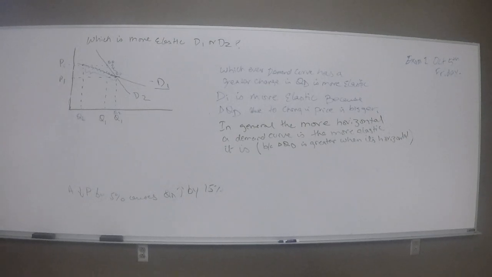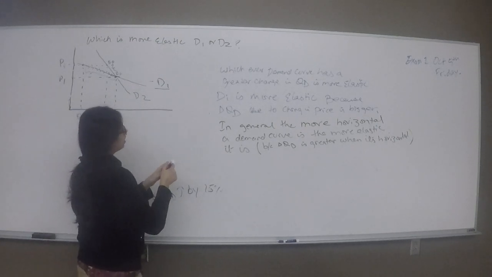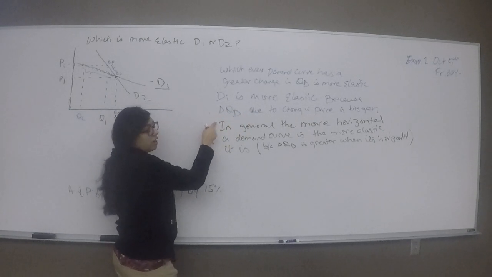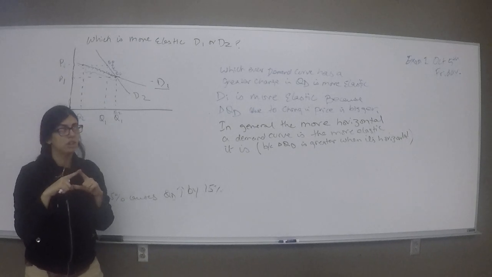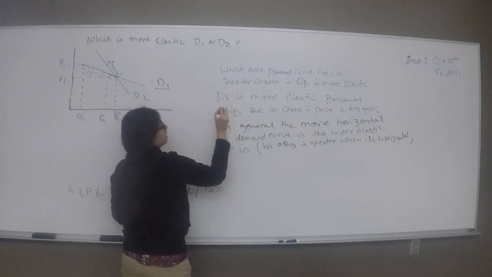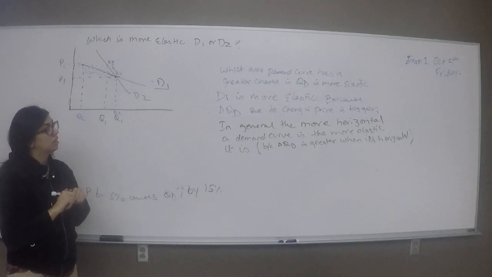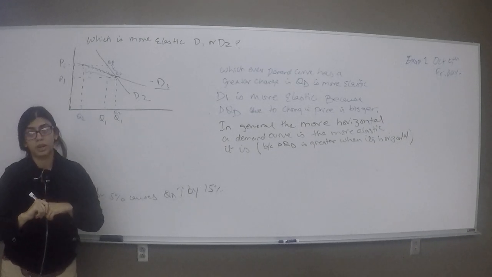Question? What does that second sentence say? The top one, the D1? Yeah. D1 is more elastic because the change in quantity demand due to change in price is bigger.